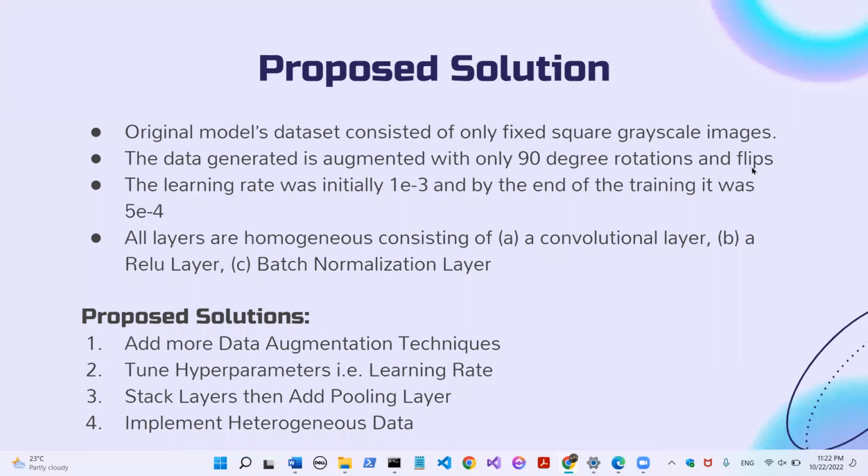We would also want to implement heterogeneous data because our data was only fixed square grayscale images. So we would want to add more colored RGB images and introduce more heterogeneity in general.